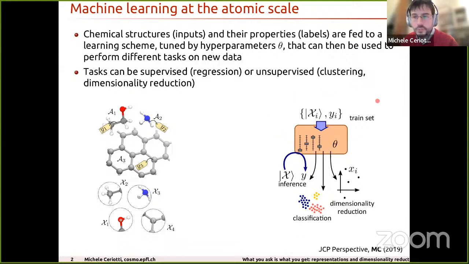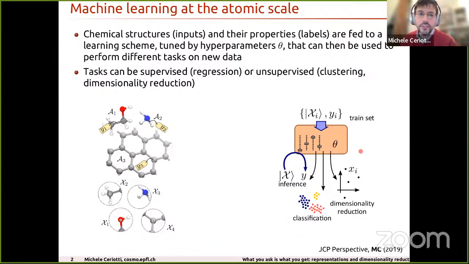Now, from the point of view of the tasks that you can perform once you have converted your data into inputs that can be provided as the input variables of a machine learning model, one thing that you can do is a supervised model that basically tries to associate in one way or another labels, just to stay simple, the interatomic energies, to individual configurations.